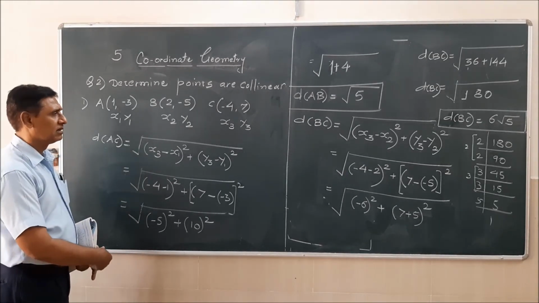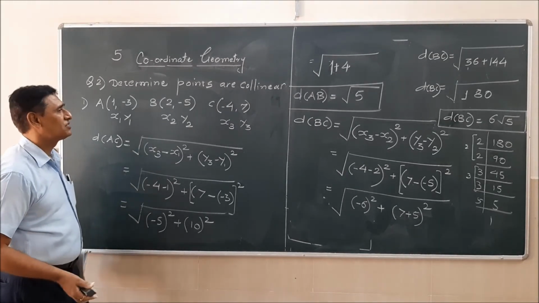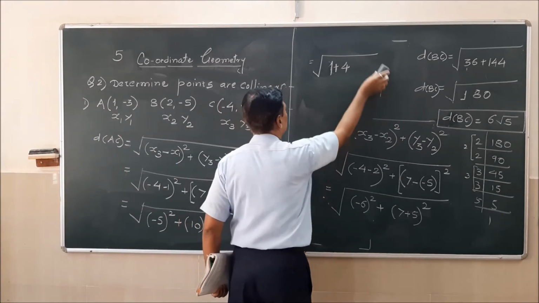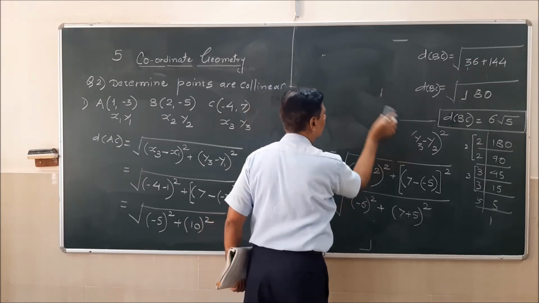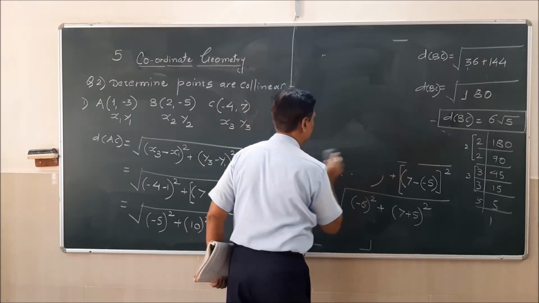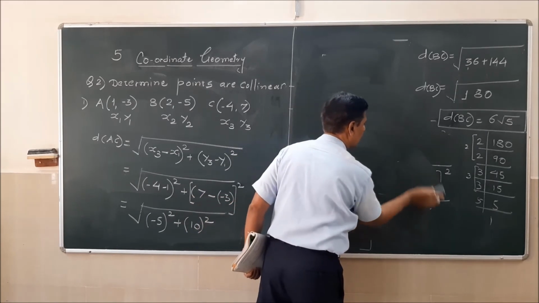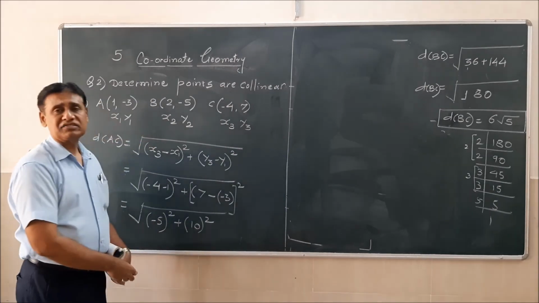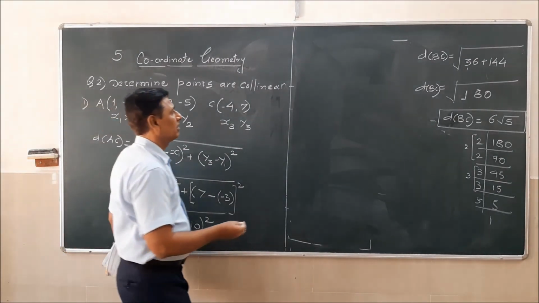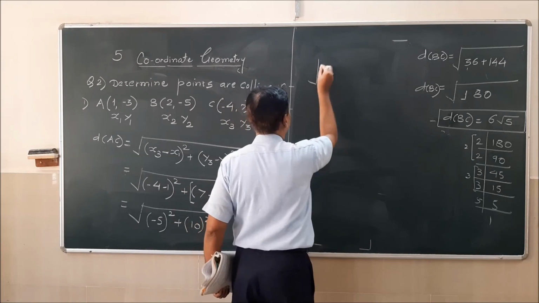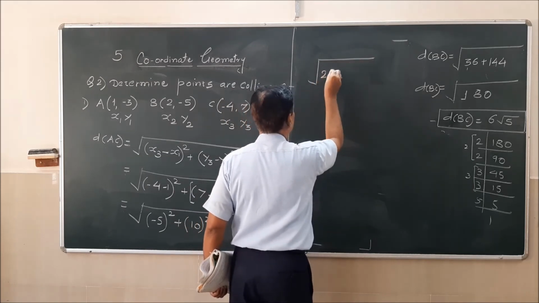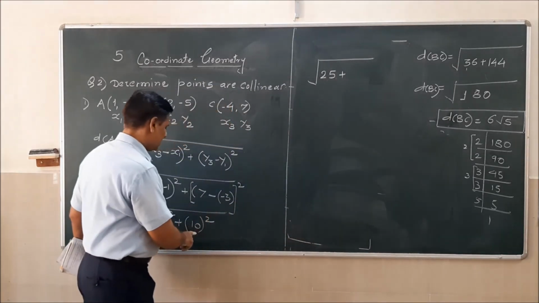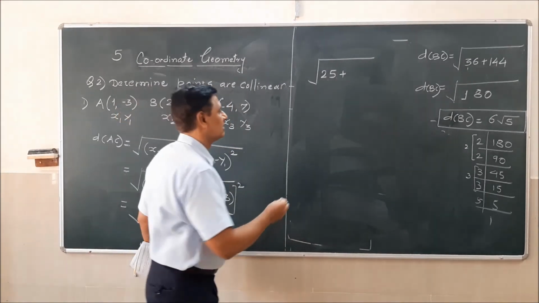Now I'm going to calculate the value of AC. Simple it is. Minus 5 square, 5 square is 25, plus 10 square is 100.